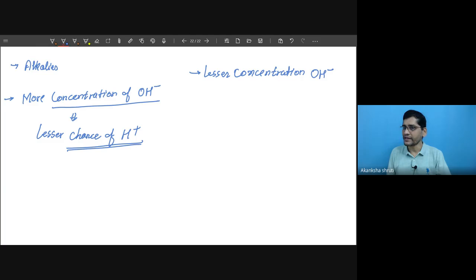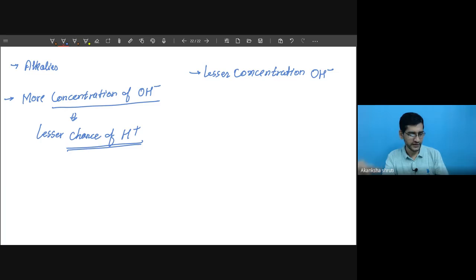And if we are making it in terms of OH minus only, then the scale value is more. Students, we are using the scale called pH scale, which is reciprocal to the number of H plus ions. So what is that pH scale? How it is expressed? Those things we are going to learn.